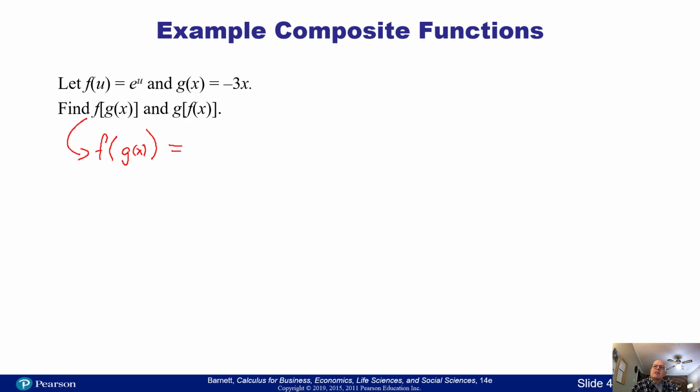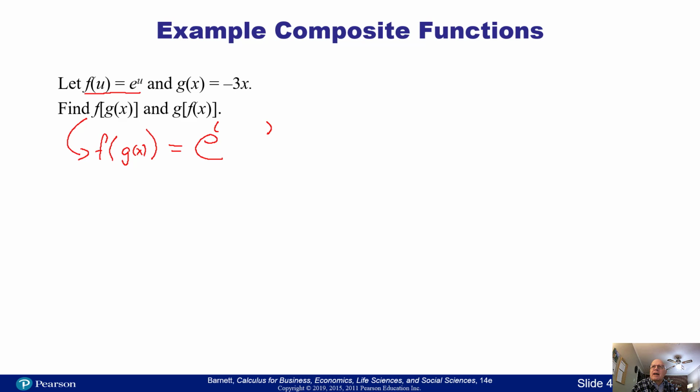So we start with the outside function. What does the outside function look like? What we're going to do is take the outside function, and where we see the x or whatever variable that is, we're going to just leave it blank. Well, the outside function is f of u, and it's e to the u. But instead of putting a u in there, we'll leave a blank, because u represents another function, in this case, g of x.